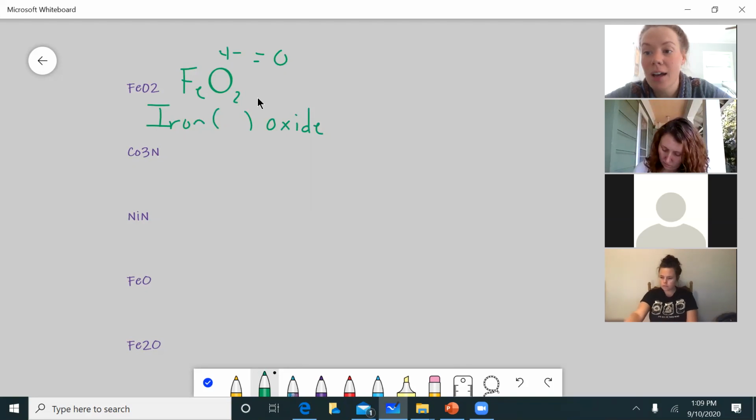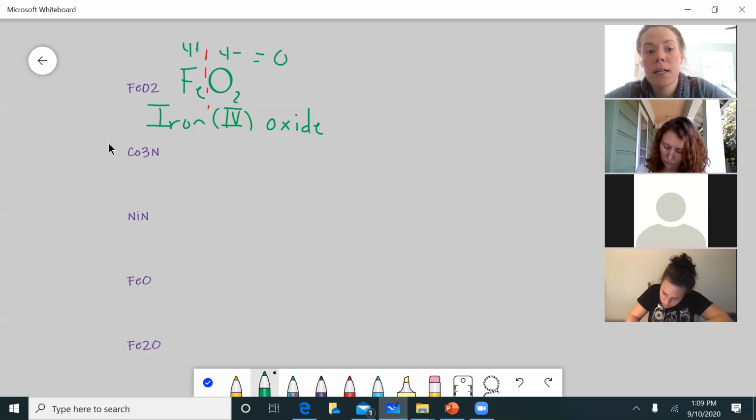Why? Because each oxygen gives you a -2 charge. Sometimes I'll even put a little dash between them. If this is a 4 minus over here, this has to equal a 4 plus charge. So my iron is going to be Roman numeral 4, or iron(IV) oxide.